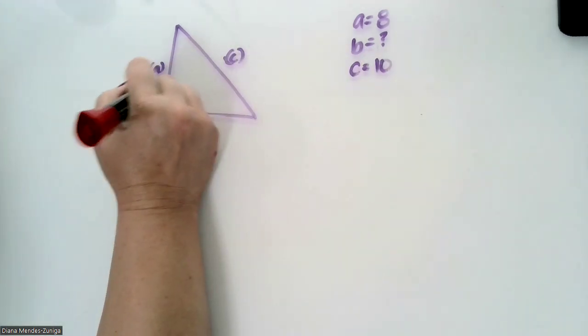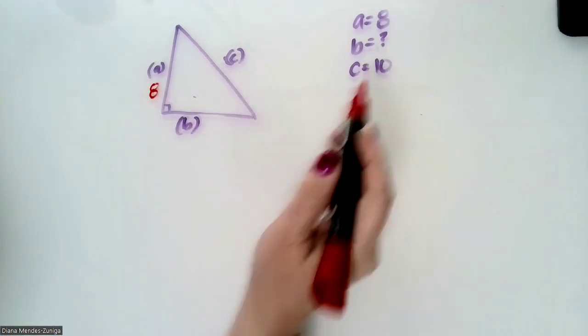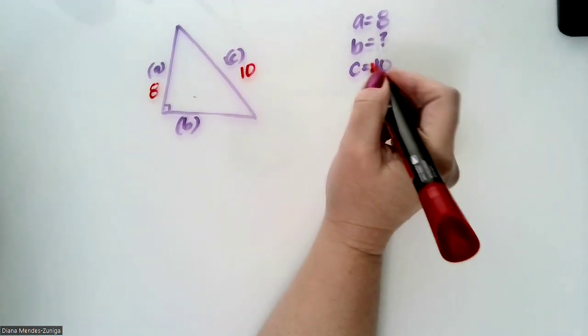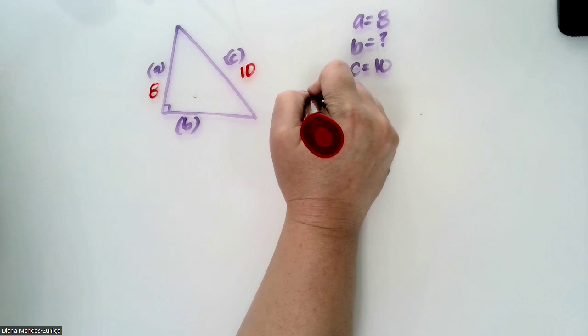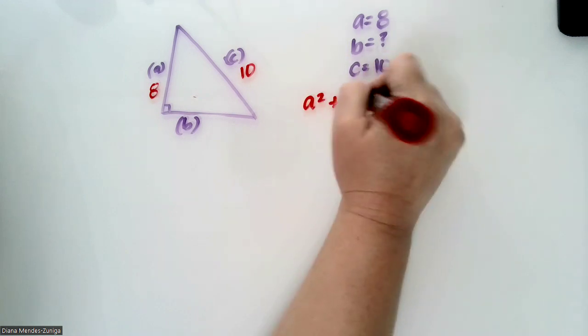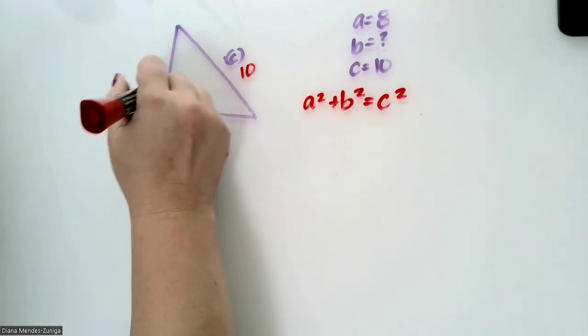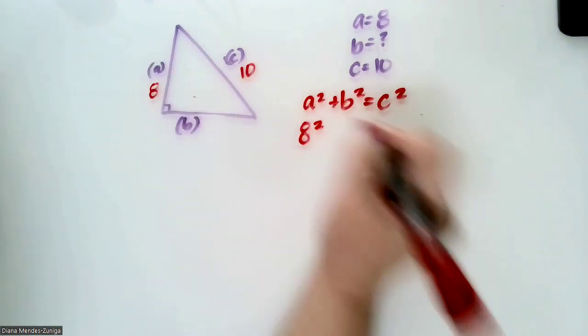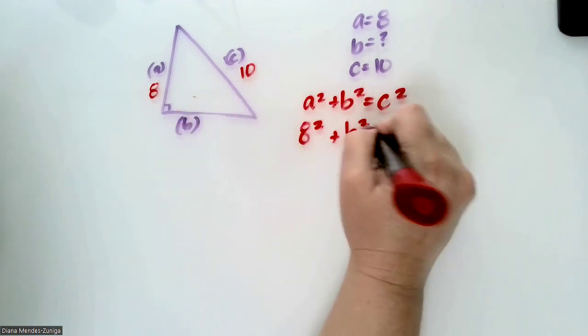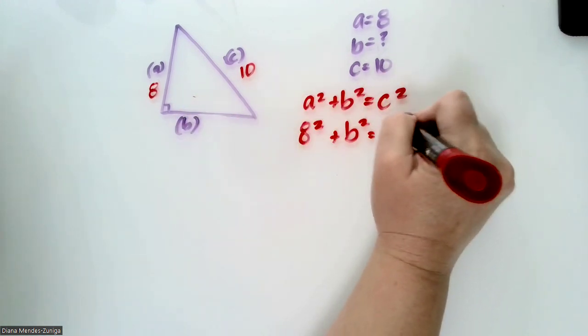So if my A is 8 and I don't have a value for B, and my C is 10, we're going to write our problem as a squared plus b squared equals c squared, which is going to give me 8 squared, I don't have a value for my b, and my c squared is 10 squared.